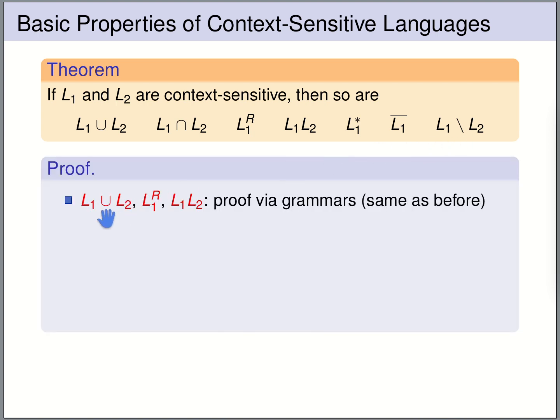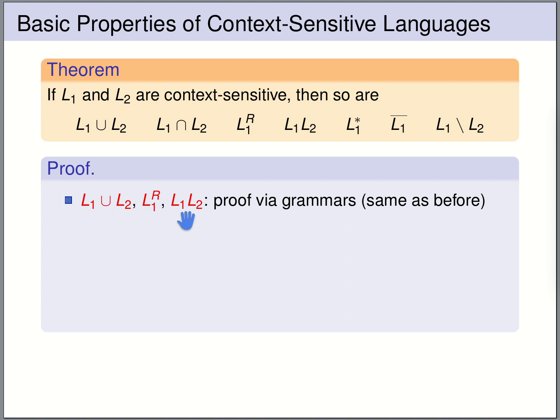For the union, the reversal, and the concatenation, we can basically take the same proofs as we've used before for context-free languages. The idea is just we take the union of the two grammars, so we have one grammar for L1 and one grammar for L2. We assume that they don't have variables in common, we take the union of the grammars, we add a fresh starting variable, and this fresh starting variable can rewrite to the starting variable of grammar 1 and the starting variable of grammar 2.